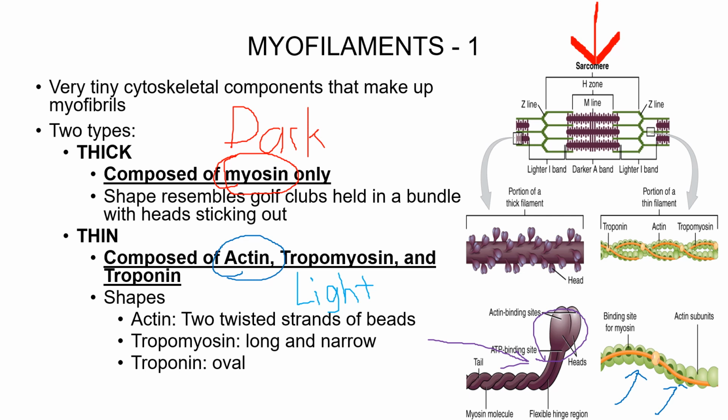So yeah, you die without air sacs, you die without neurons. Your muscles die, or at least they don't work if you don't have these sarcomeres working. So when the sarcomeres contract, the myofibril contracts. And when the myofibril contracts, the muscle cell or muscle fiber contracts. And when you have a whole bunch of muscle cells contracting, the muscle contracts.